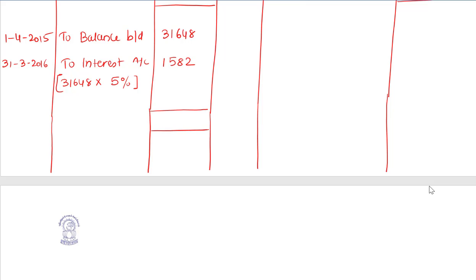Quickly do the totals. 31,648 plus 1,582 is 33,230.